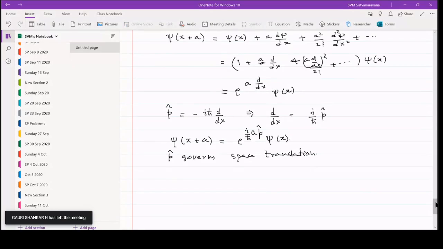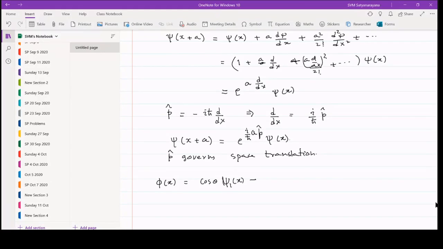I could have simply said that my phi of x is, let's say, some cos theta times psi 1 of x, plus sine theta times psi 2 of x. I could have written it like this. All that I require is that cos square theta plus sine square theta should be equal to 1, which is anyway true. So theta can be any value between 0 and 2 pi.